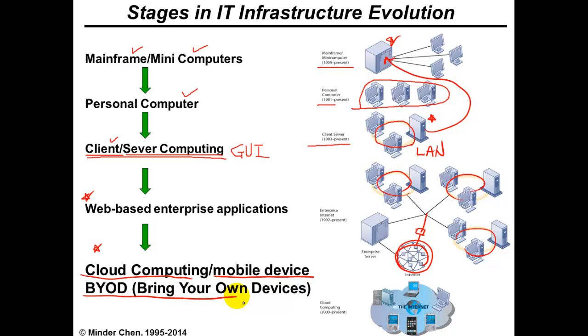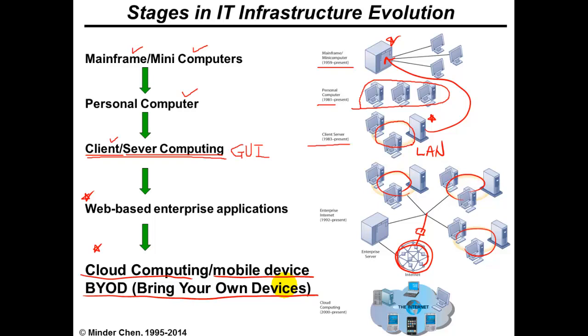This is also driven partially by something called BYOD, bring your own device. Typically, IT departments do not like to see people use their own devices for security reasons. It's hard to manage a variety of devices that people purchase for their own personal use, but people find it convenient.